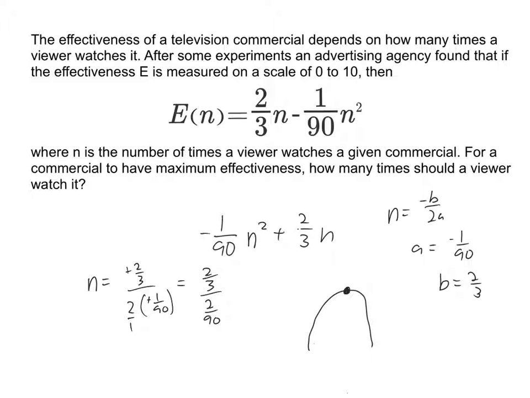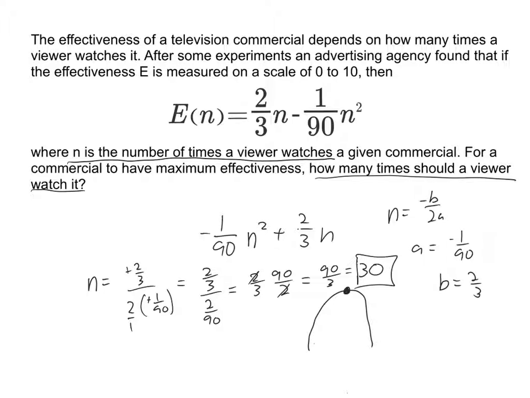Now I'm going to flip and multiply, which is the same thing as 2/3 multiplied by 90 over 2. The 2 goes away with that 2, and 90 divided by 3 ends up being 30. So, n is the number of times that a viewer watches it. So how many times should the viewer watch it? Well, it should be 30 times.